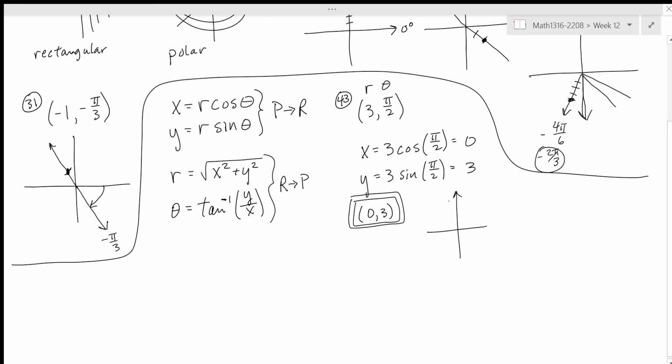Straight up. And the radius is positive? 1, 2, 3. So does everybody see that this point plots right here? Is that the same location as 0, 3 in the rectangular coordinate system? So they do plot in the same spot.